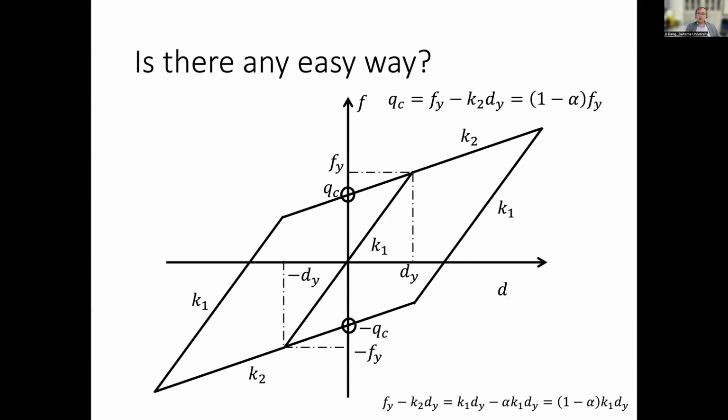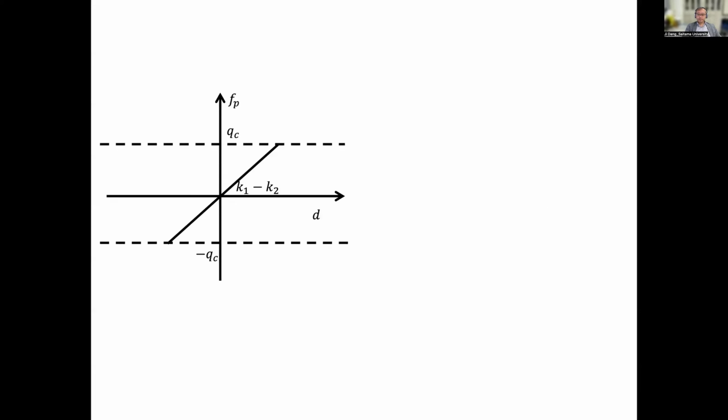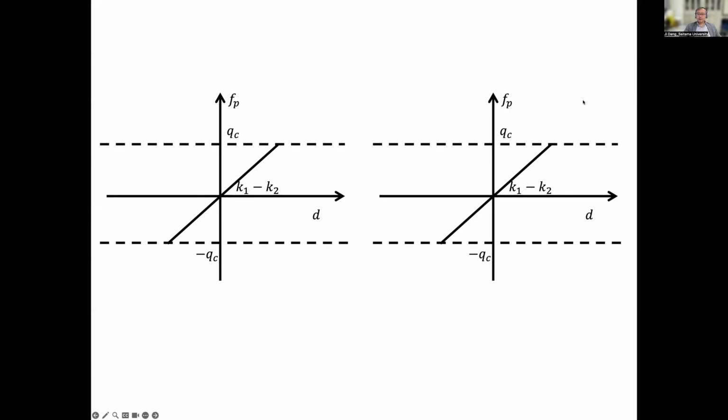So we call it FE, the elastic part. FP is the perfect plastic part. So the perfect plastic force will never go larger than QC or smaller than minus QC. So we just calculate it anyway and check it. When it's larger than QC, make it equal to QC.